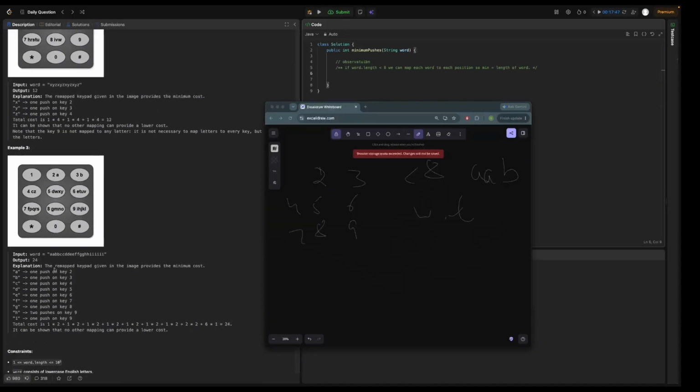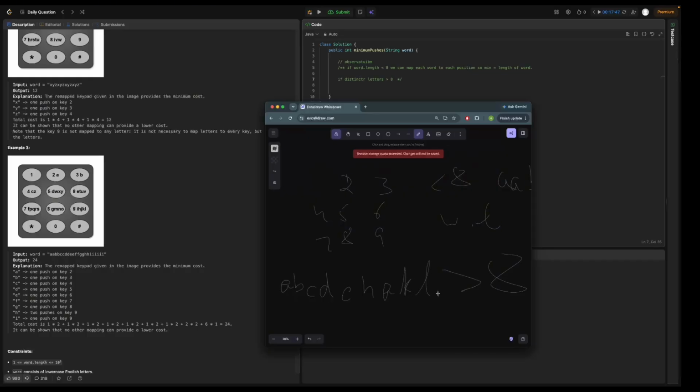But here I have A, B, C, D, E, F, G, H, I, A, B, C, D. Again, if the distinct letters are greater than 8, then what? So for example, let's say I have A, K, L, M. So I have 1, 2, 3, 4, 5, 6, 7, 8, and 9 letters.